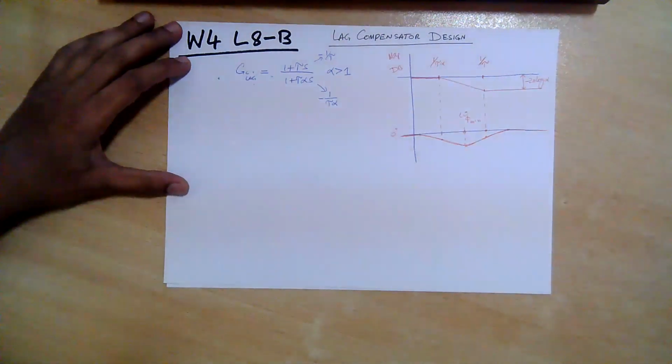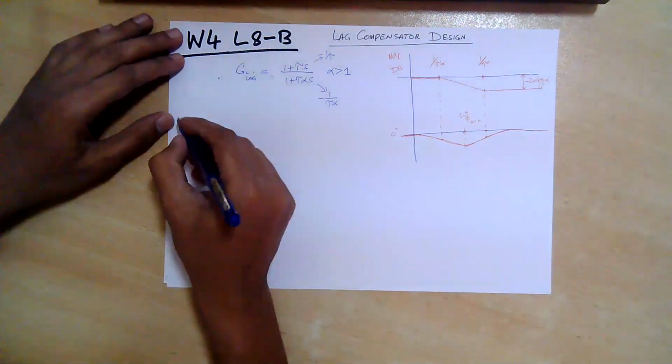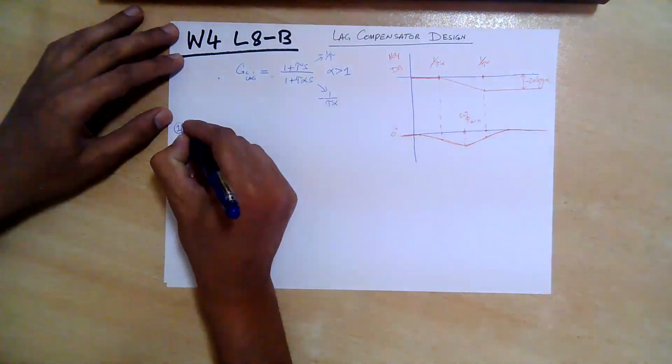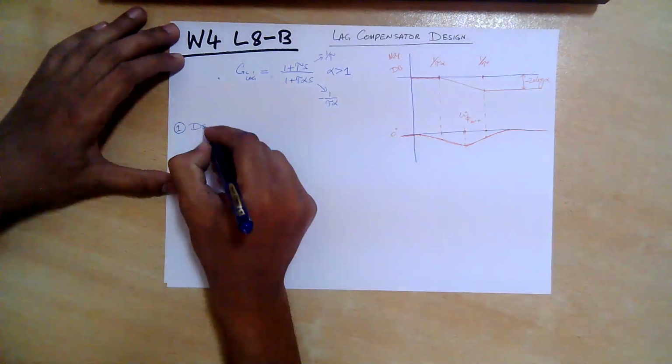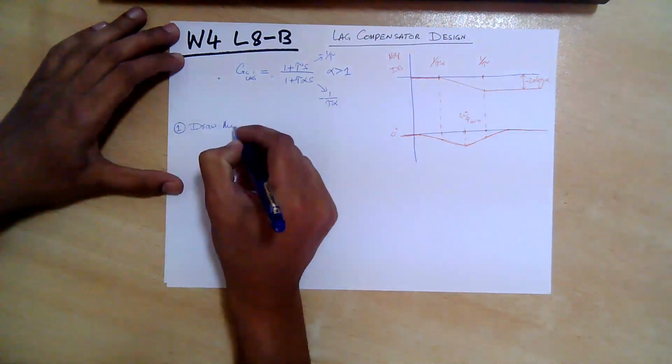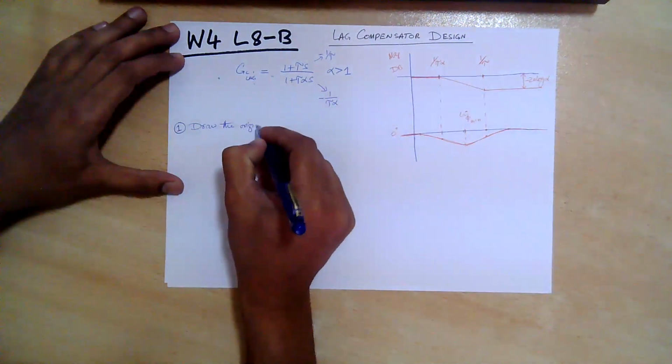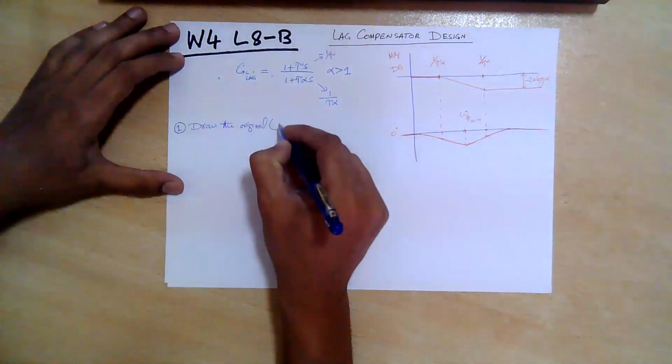The steps are very simple. Step one, draw the original system Bode plot. Original means uncompensated.